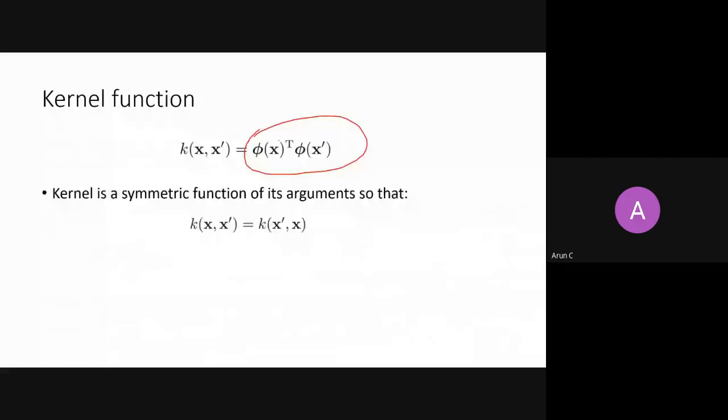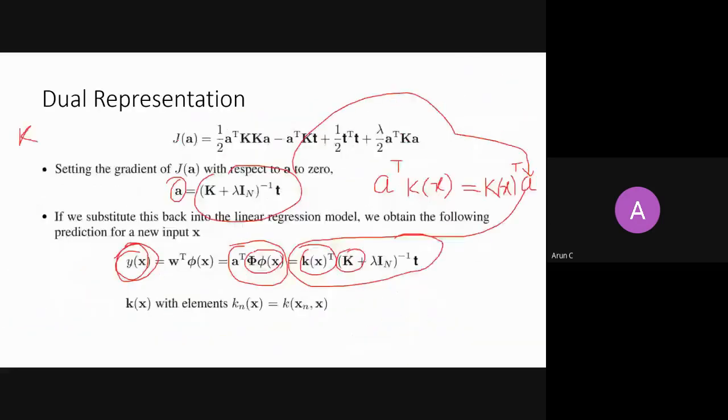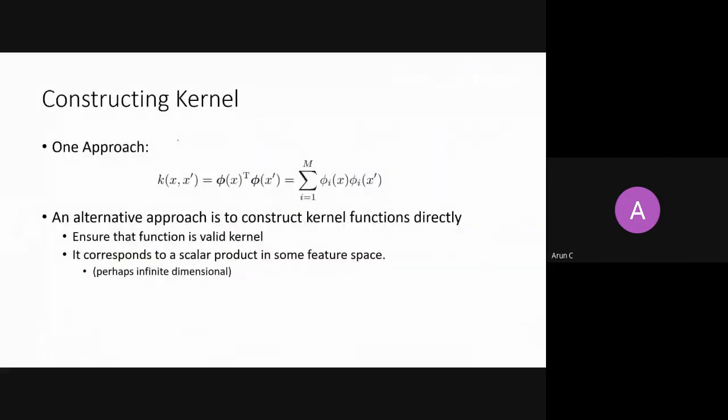So the dot product is a linear kernel function. It means you are using a linear kernel function in dual representation, because everywhere my samples are present in dot product form, and that dot product is a linear kernel function, right? Okay, so that's fine.